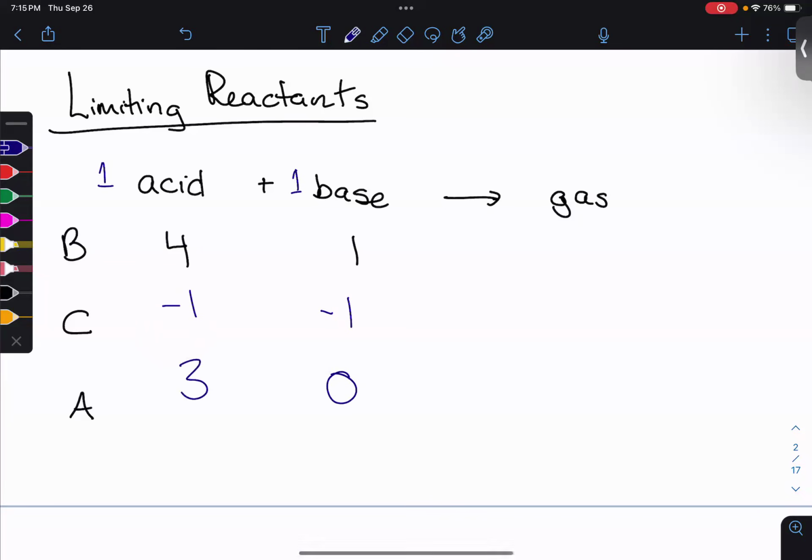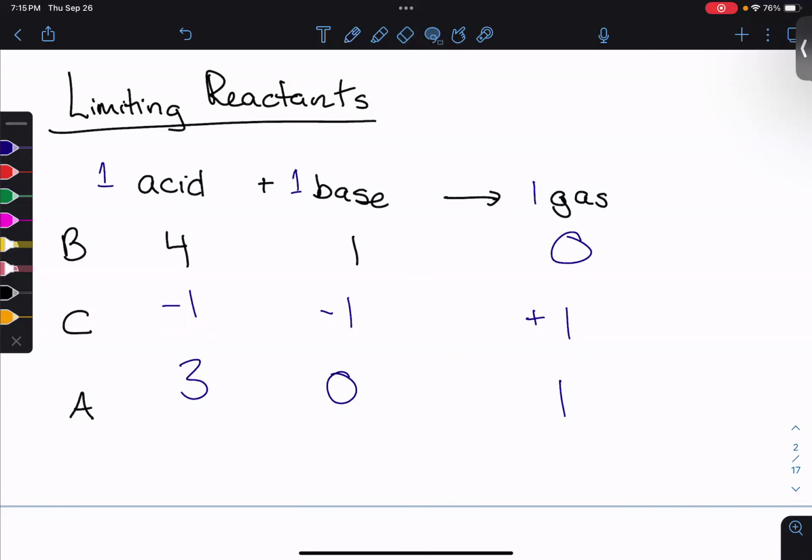Then we would have 3 moles of acid left. Then how much of the gas would you produce of this product, if it's all a 1 to 1 to 1 ratio? Plus 1. So after this reaction, you should produce 1 mole of gas.